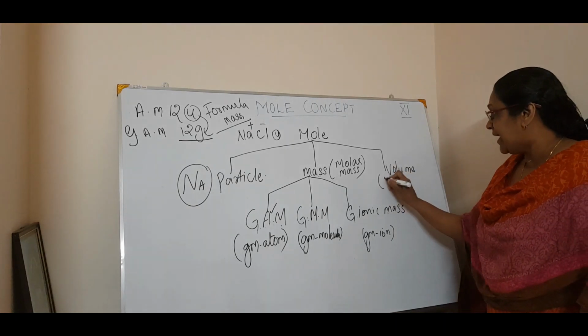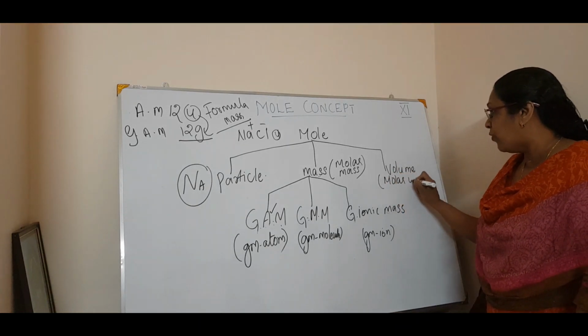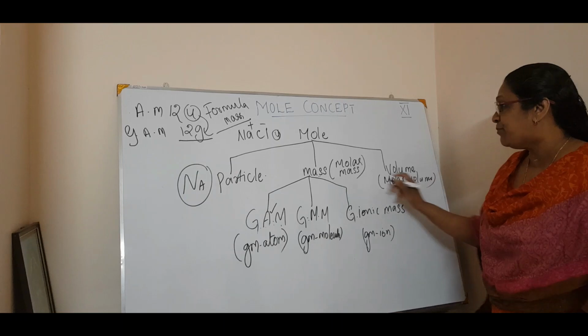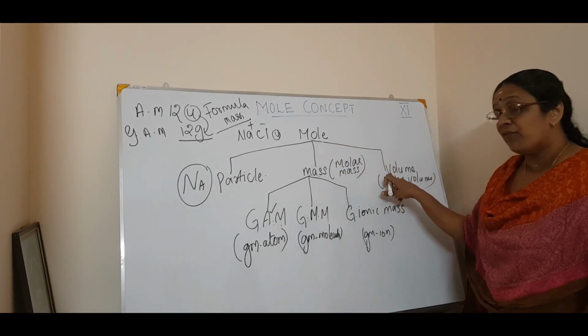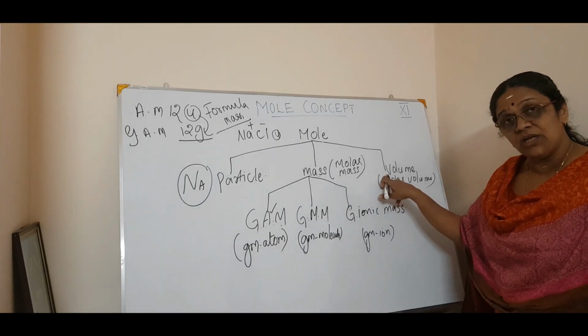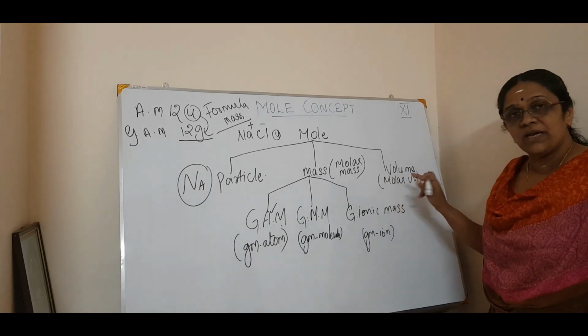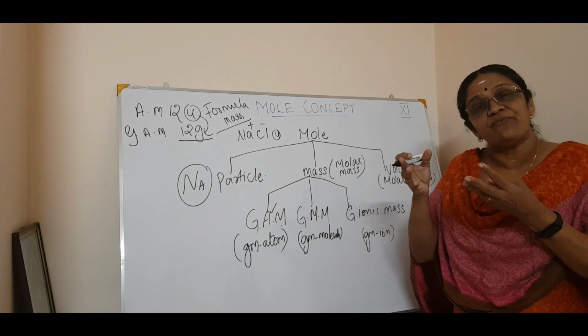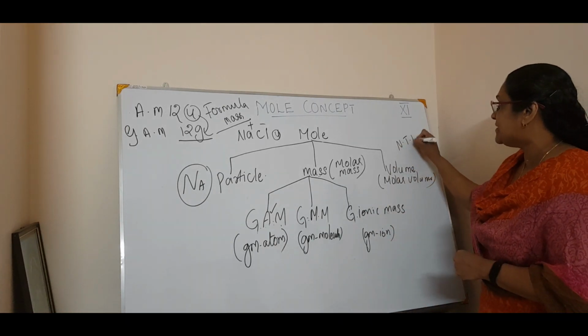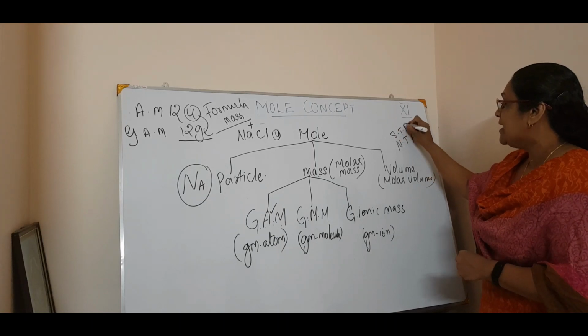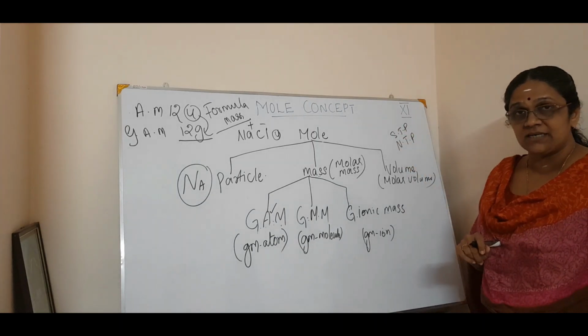And then we can say it as molar volume, the same as molar mass. When the mole is represented by volume, that volume is the molar volume. That is also a fixed quantity, the volume taken at NTP or STP. What is NTP or STP? Standard temperature and pressure condition.